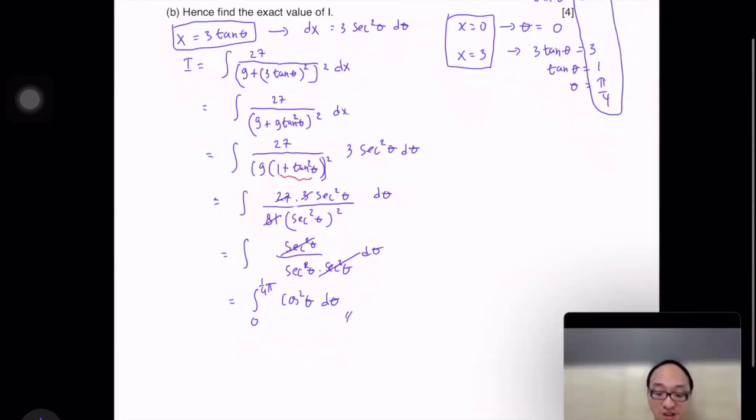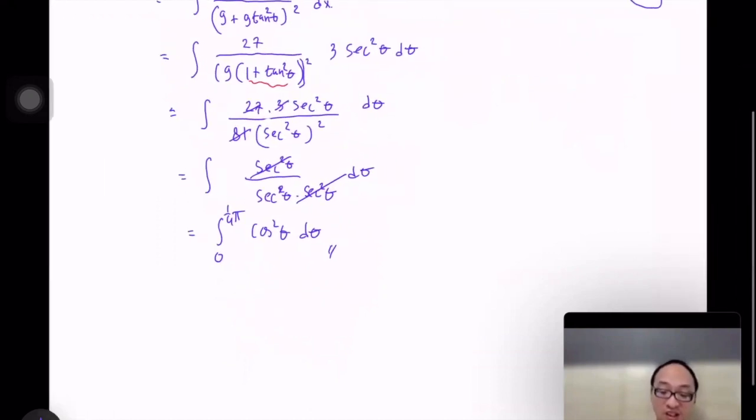Now we integrate this. Integral cos square theta. Now we cannot integrate cos square theta directly. We need the help of cos 2 theta. We know that cos 2 theta equals 2 cos square theta minus 1.